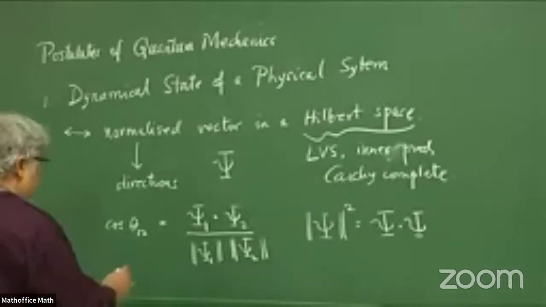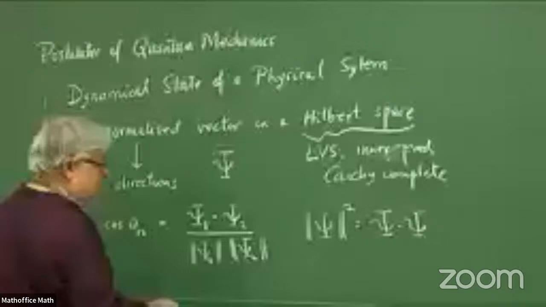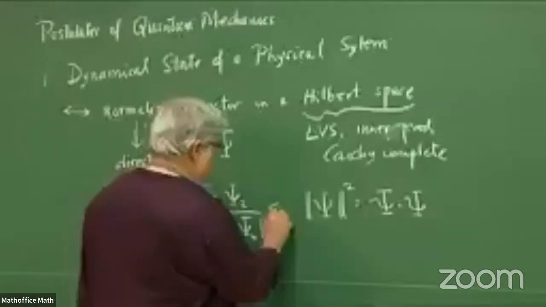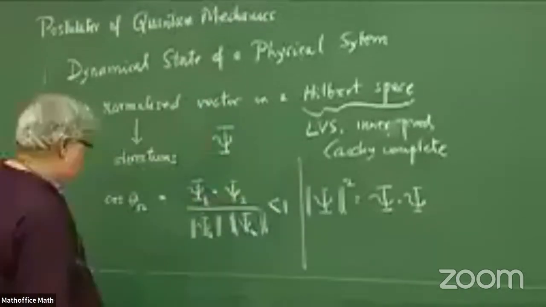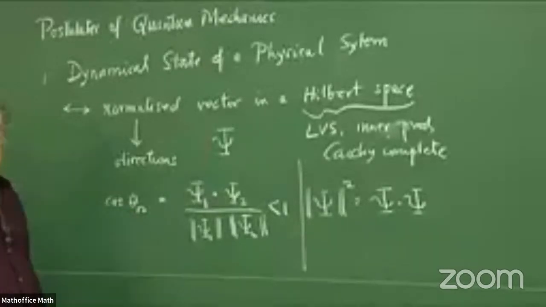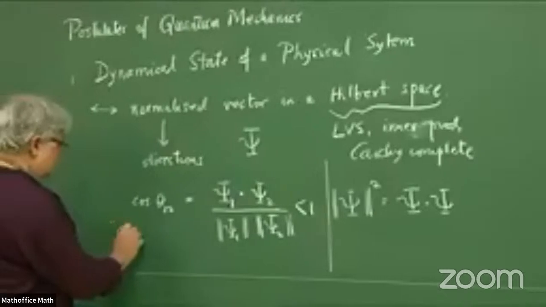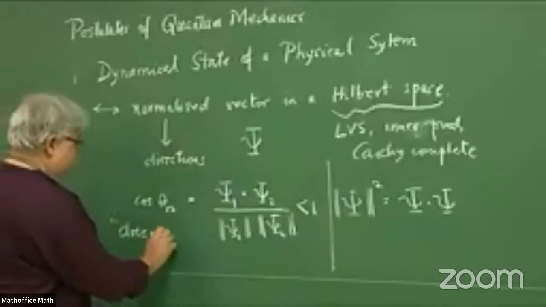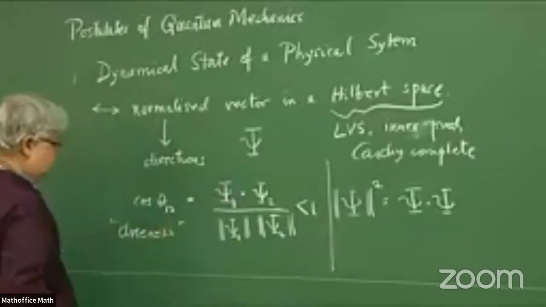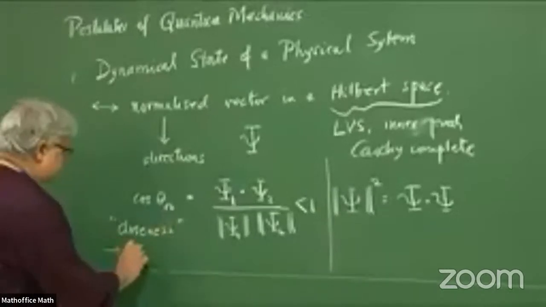Now this is less than 1. Using the Cauchy-Schwarz inequality, you can show that this is less than 1. And therefore, in some sense, it's a measure of the closeness of the states, but physicists also like to call it the overlap.